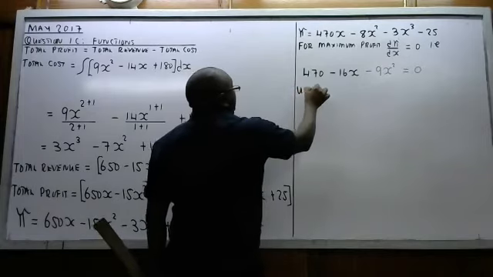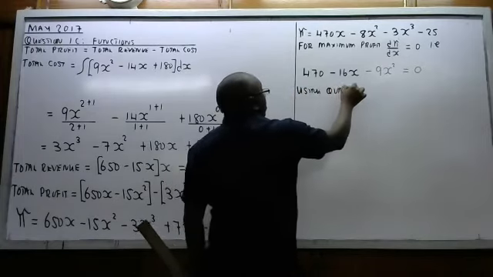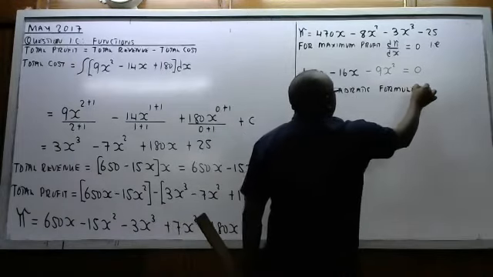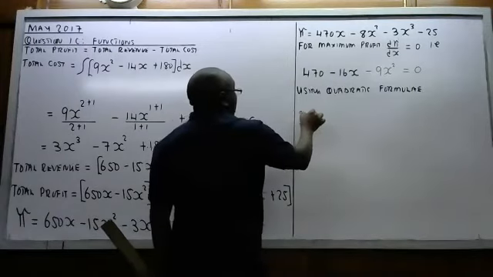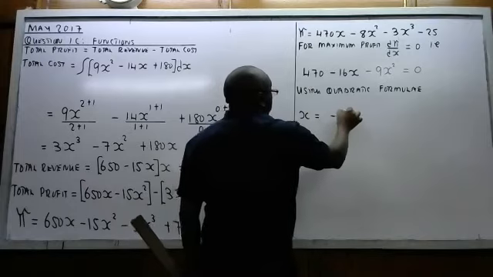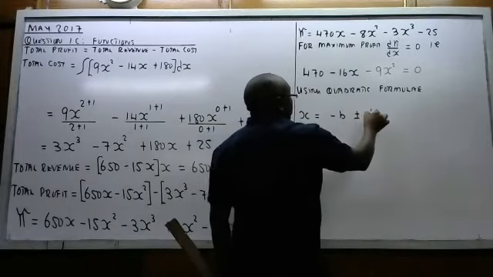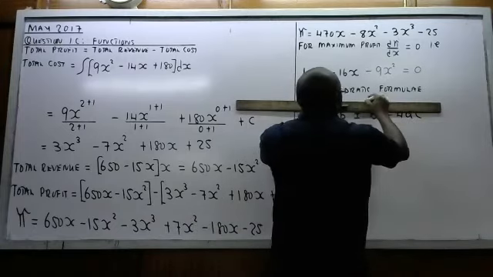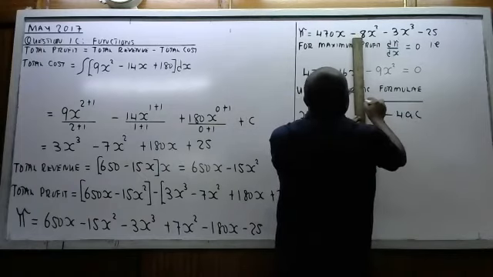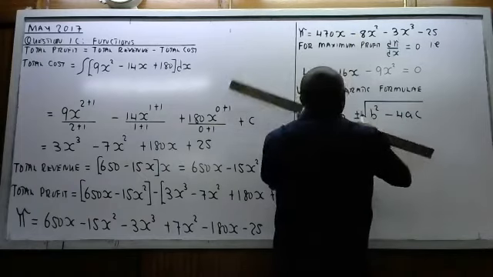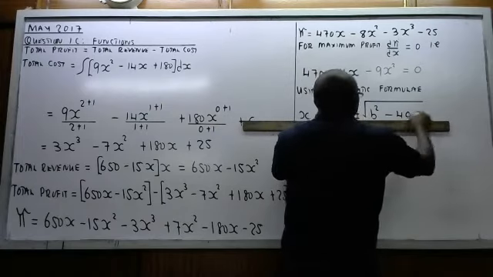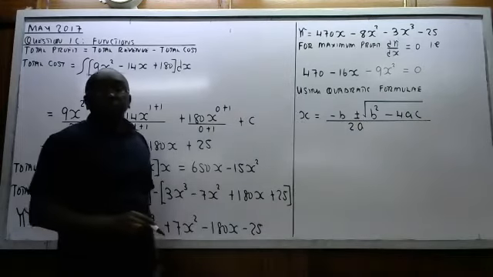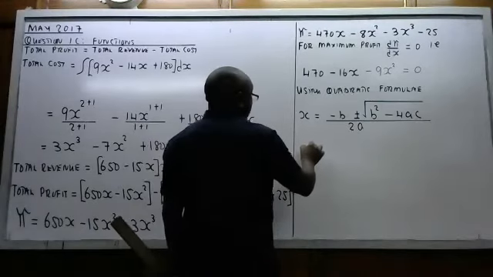So using the quadratic formula, which we know so well, x is equal to minus b plus or minus the square root of b squared minus 4ac, you divide by 2a.